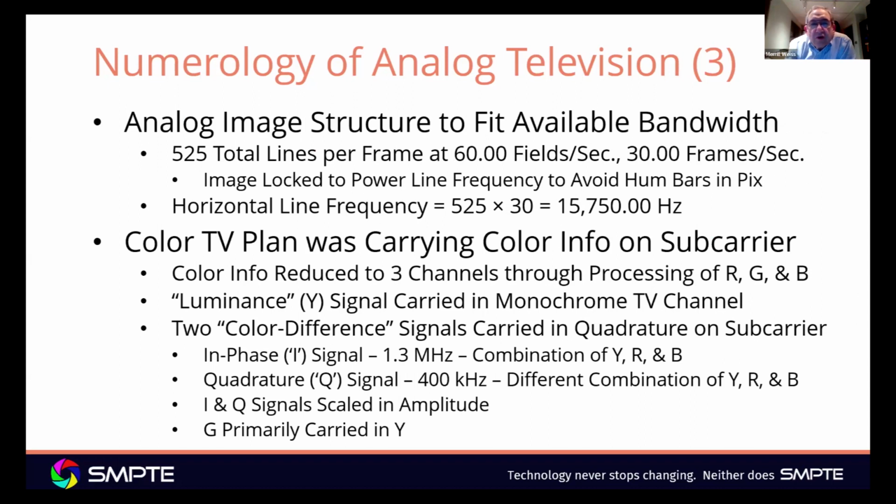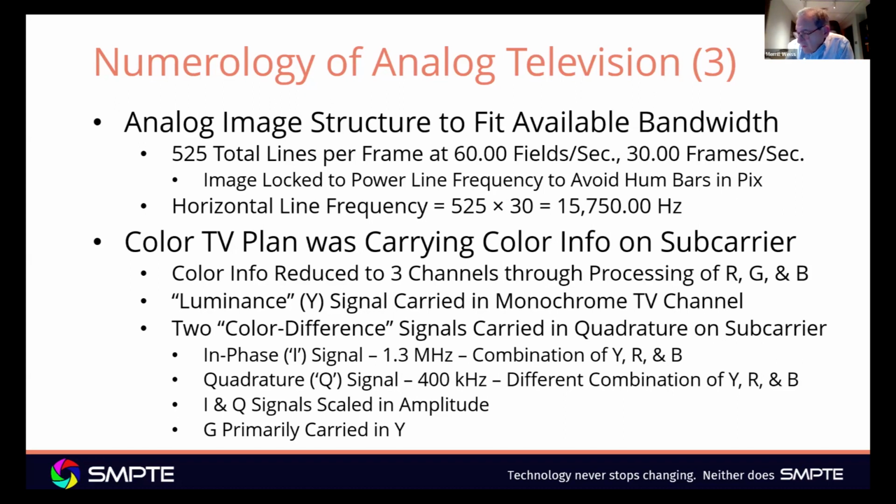If we move to looking at the image structure, that 525 lines per frame was divided into 2 fields with alternating lines between the 2 fields, and 30 total frames per second, 60 fields per second, which were locked to the power line frequency.